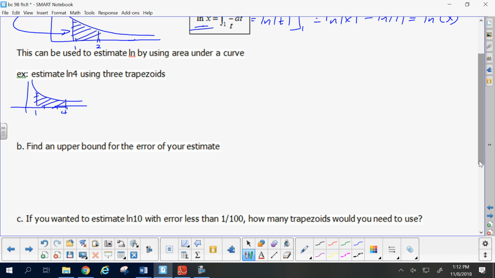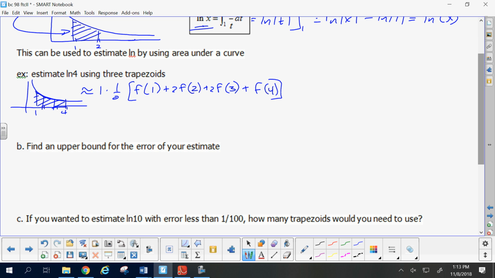By trapezoids, which follow that curve pretty well, with 3 trapezoids the total region is 3, so delta x is 1, times the half, f at 1 plus 2f at 2 plus 2f at 3 plus f at 4.